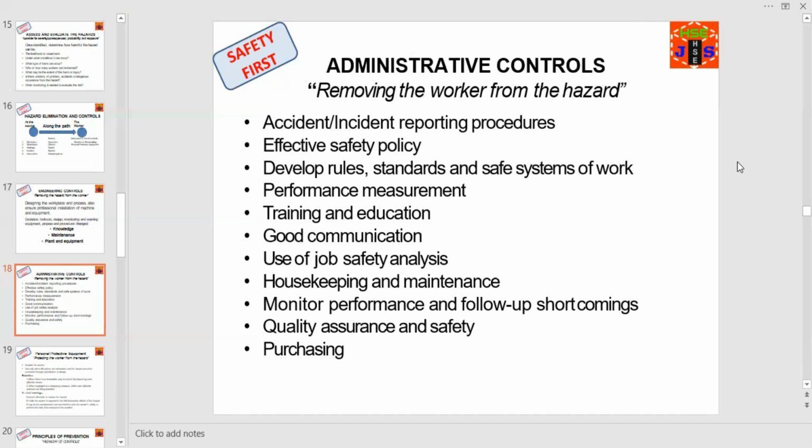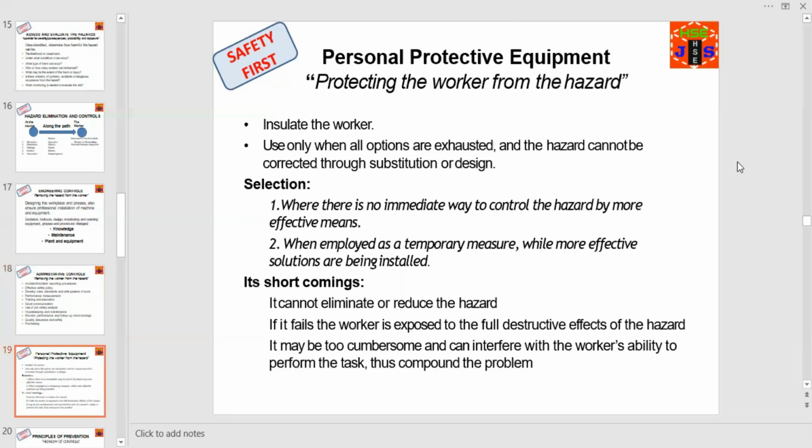These all are examples of administrative controls.